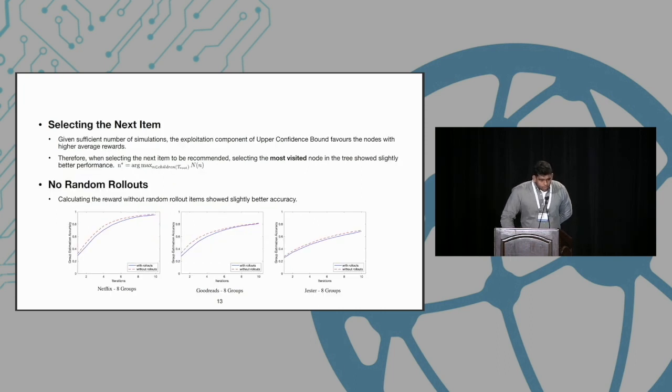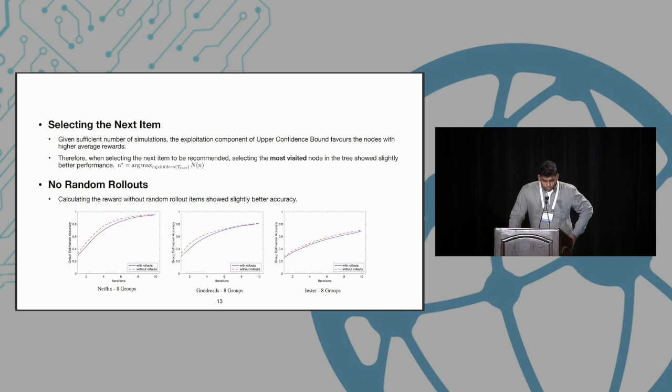We have also made some minor improvements where we noticed accuracy improvements as well as computation improvements. We rather use the most visited node than the highest reward, because we noticed that the upper confidence bounds exploitation process favors the node which has the highest average reward.